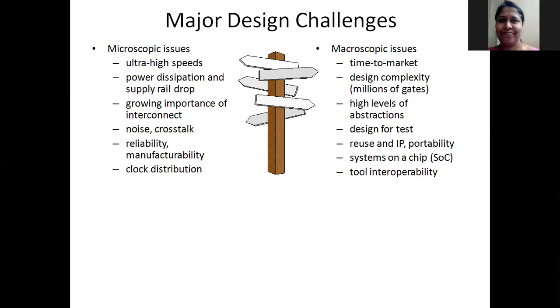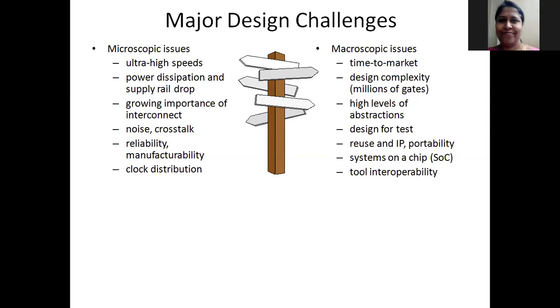And when we do the marketing of the chips, we need to consider the time to market. How much time is required to design, make a chip, and then send it to the market after testing?